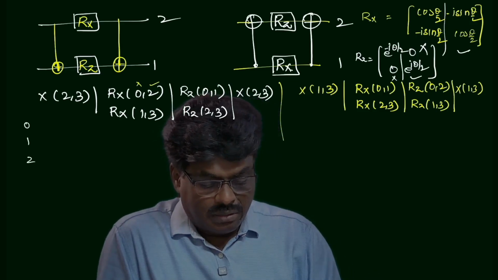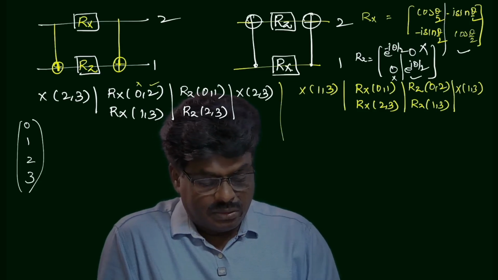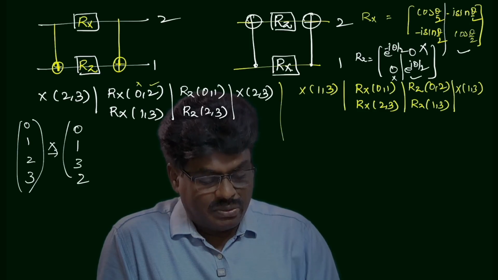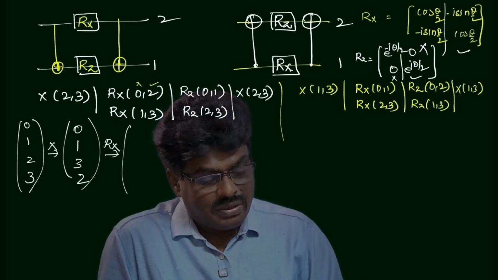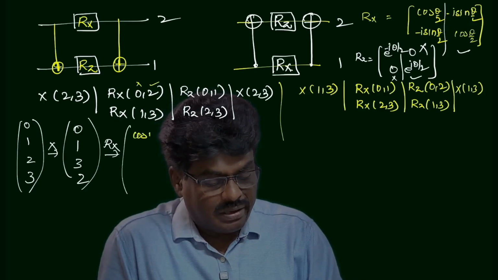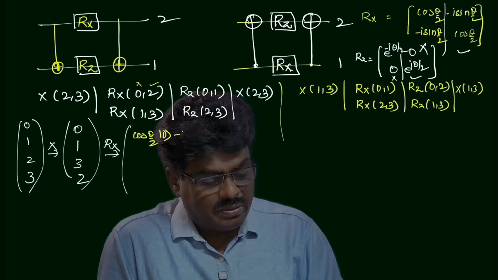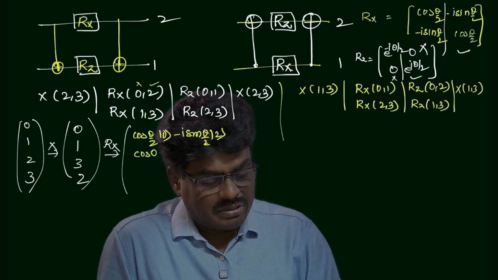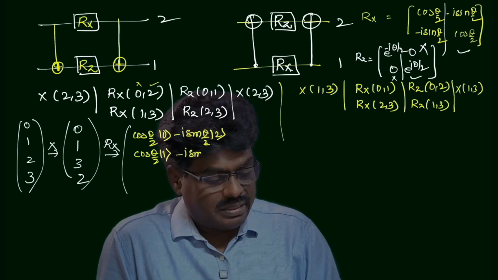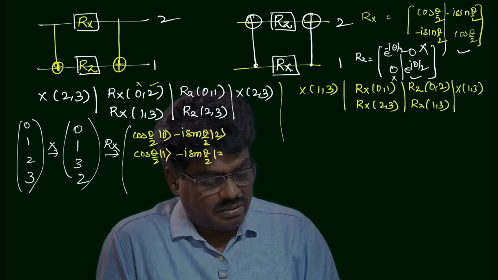I will do one step for you: 0, 1, 2, 3, and here the x gate gives 0, 1, 3, 2, and after that Rx. This 0 is off state, that's why cos theta by 2 0 minus I sin theta by 2 2, and the next 1 is off state, cos theta by 2 1 combination, minus I sin theta by 2 3.